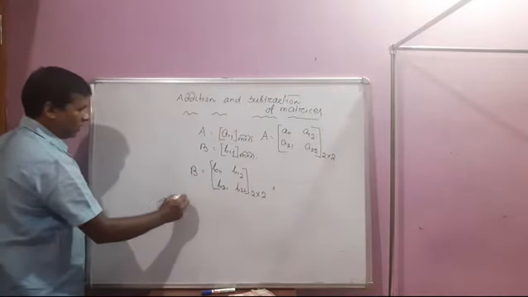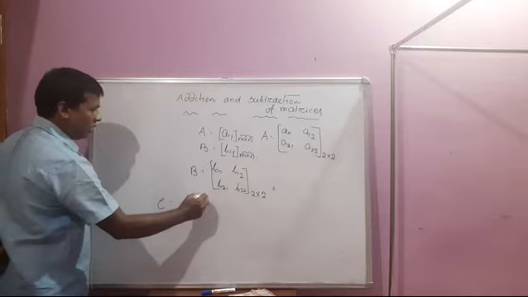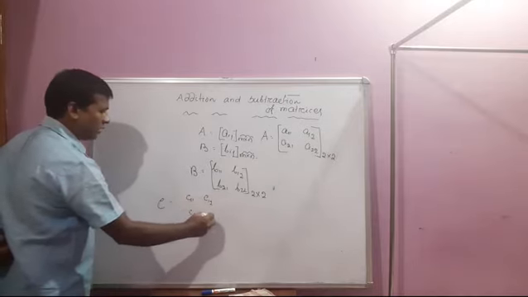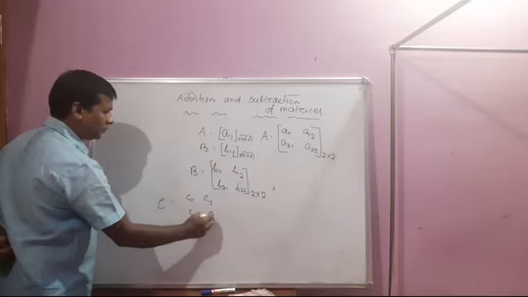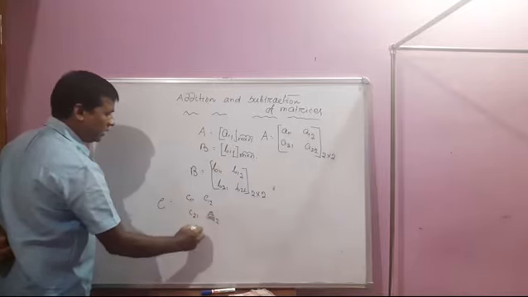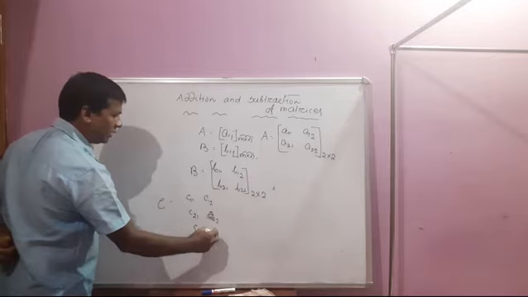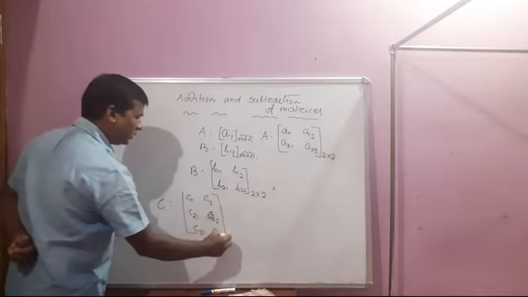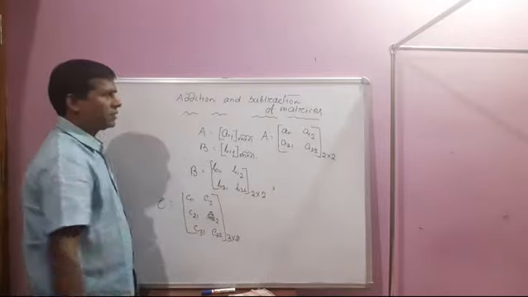C is equal to C11, C12, C21, C22, and C31, C32, a 3 cross 2 order matrix.